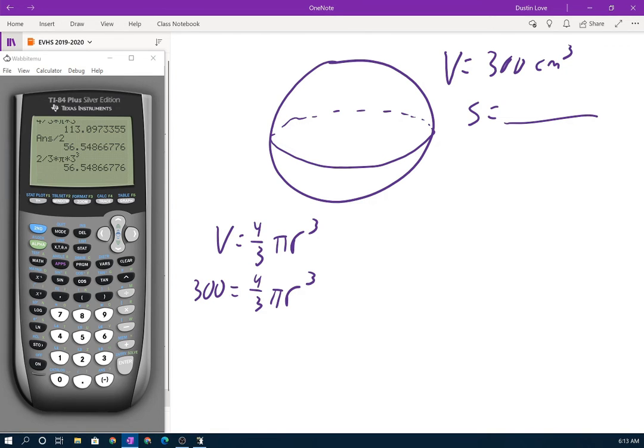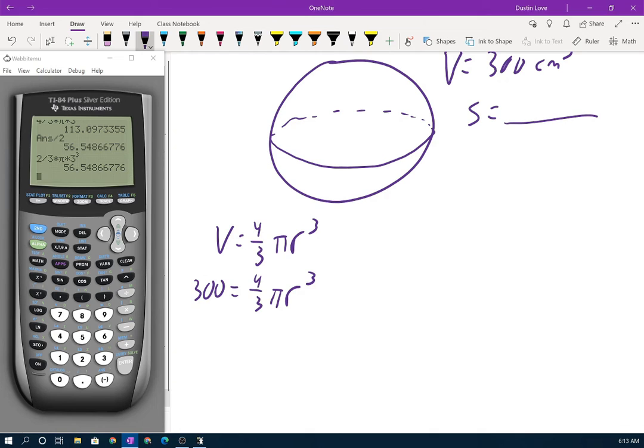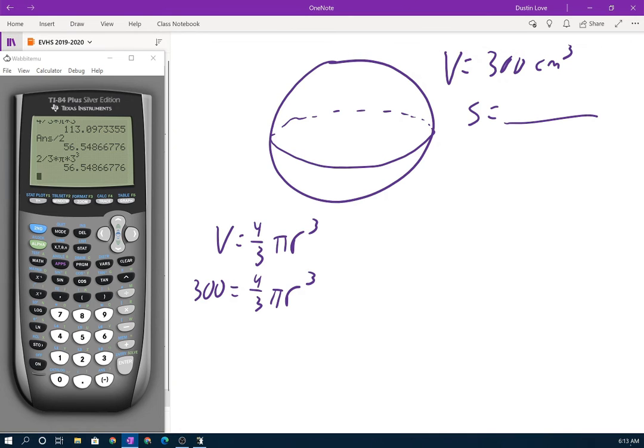So whenever I go through and solve for r on this, what I'm going to do is piece by piece take out everything that's not the r. So first thing I want to do is get rid of that fraction. The way to get rid of a fraction is by multiplying by its reciprocal. So that's times 3/4 on both sides.